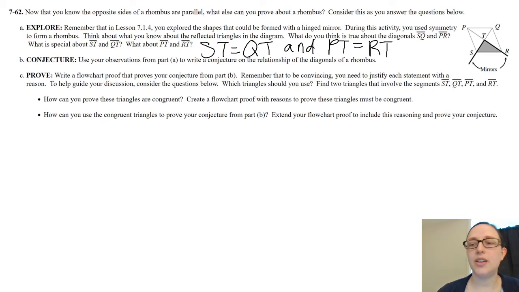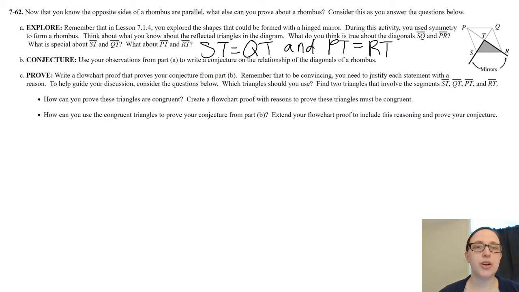Remember, that's what bisect means, cuts it into two equal halves. A conjecture is if I were to just write an if-then statement. So my statement could be, if we have a rhombus, then the rhombus diagonals bisect each other.